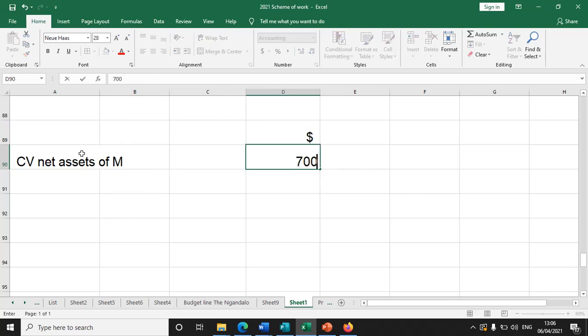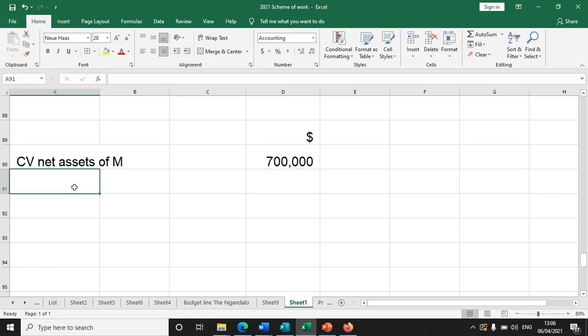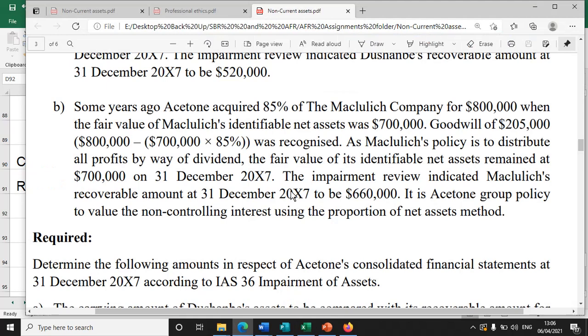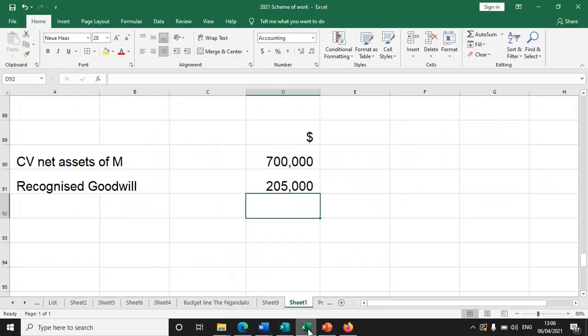You have got 700. What else do you have? Recognized goodwill is standing at 205. If you look at the question, that is obvious. This is the amount that was calculated, and the net asset value stands at that amount.